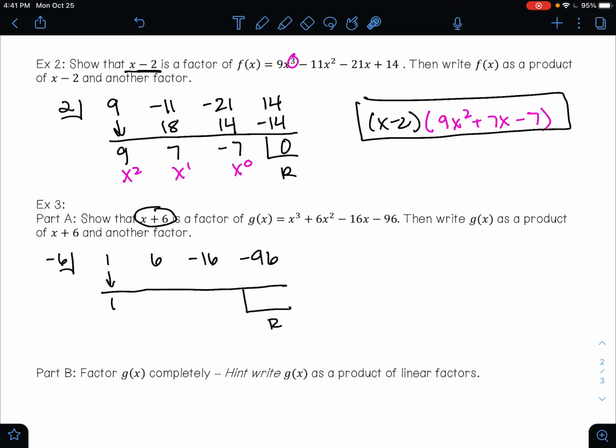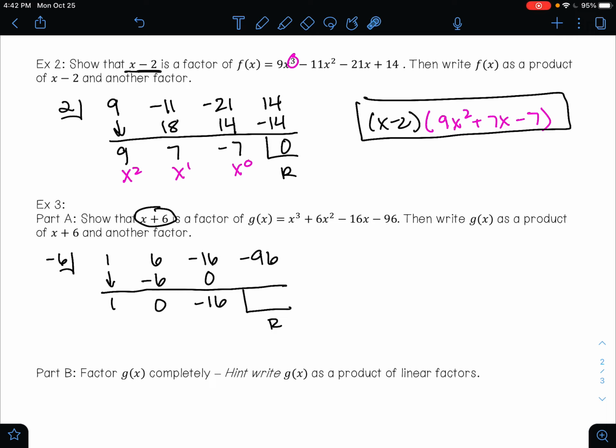So, negative 6 times 1 is negative 6. Oops, sorry, I was just looking at the wrong thing. 6 minus 6 is 0. Negative 6 times 0 is 0. Negative 16 plus 0 is negative 16.